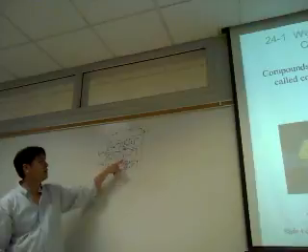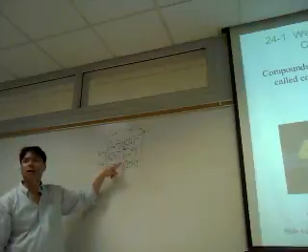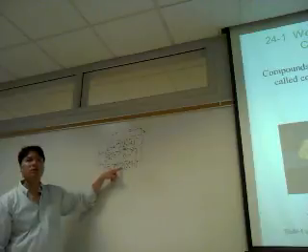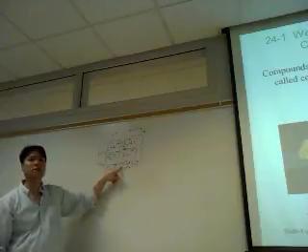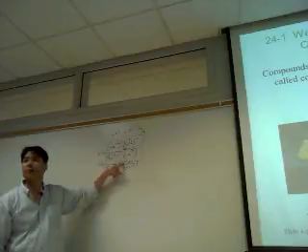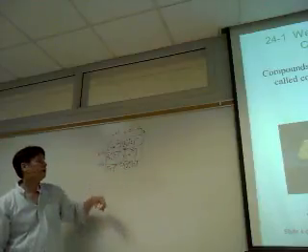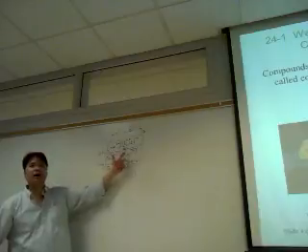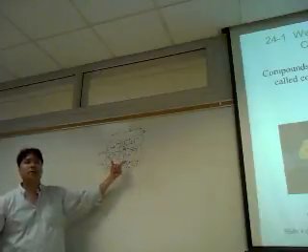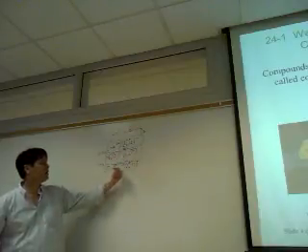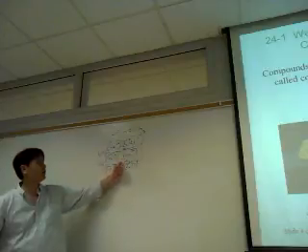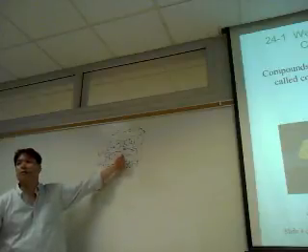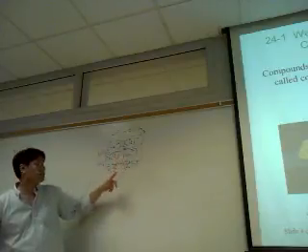Now, what is the interaction that holds the ammonia in the crystal? What type of force of attraction is this? Are the ammonias bonded? No. Are they hydrogen bonded? No. This is called an ion dipole attraction.